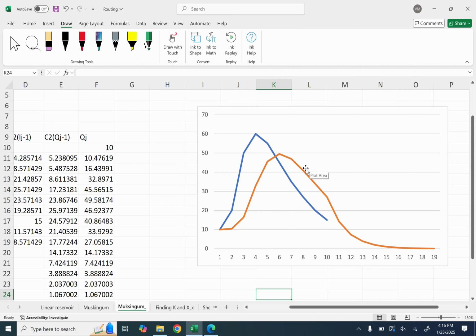Now this happens when the discharge and outflow has variable relationship. In the case of linear reservoir, the discharge and storage has invariable relationship.